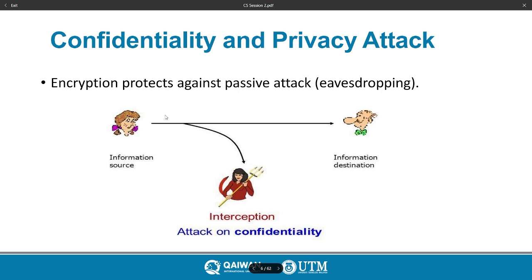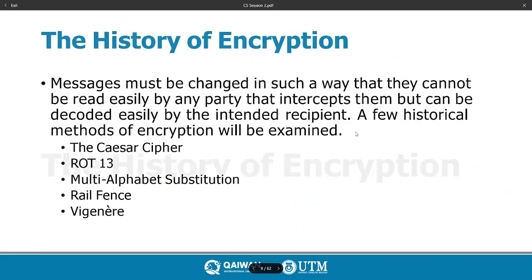Because this girl wants to send a message to this boy, so he is the only one who should understand. A few historical methods of encryption will be examined. Of course, we have Caesar cipher, ROT13, multi-alphabet substitution, rail fence, and Vigenere cipher.